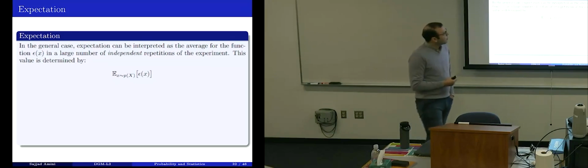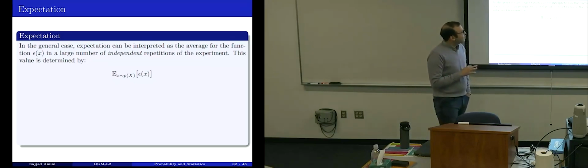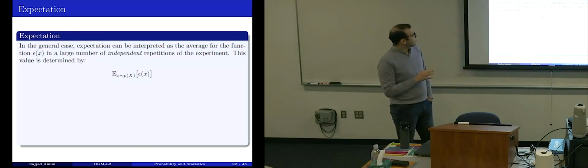Okay, but what is our approach for expectation? What is the definition we are looking for? In the general case, expectation can be interpreted as the average of the function f of x in a large number of independent repetitions of the experiment. The word independent is very important here.